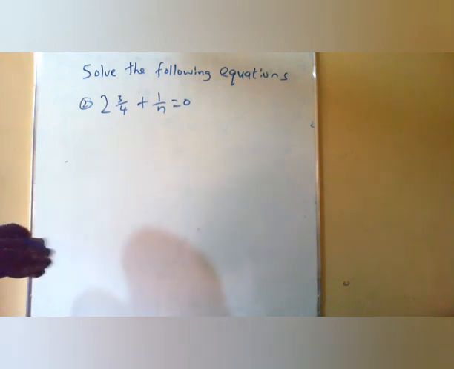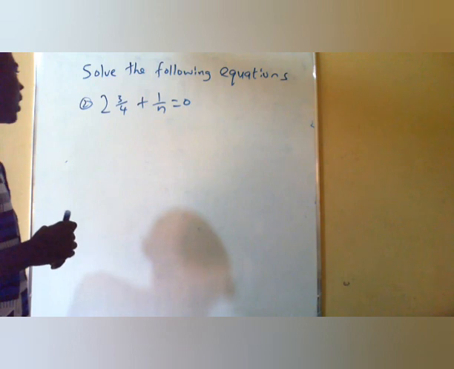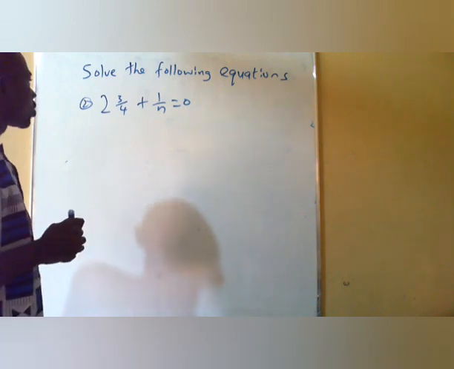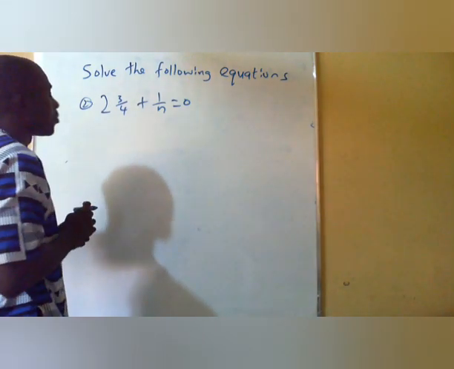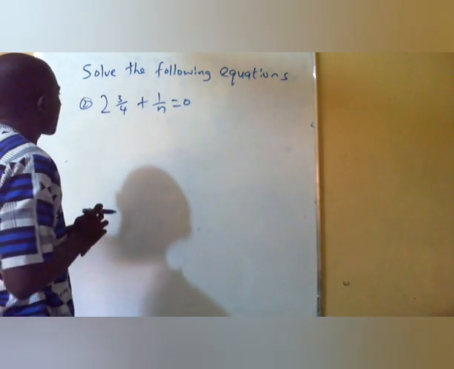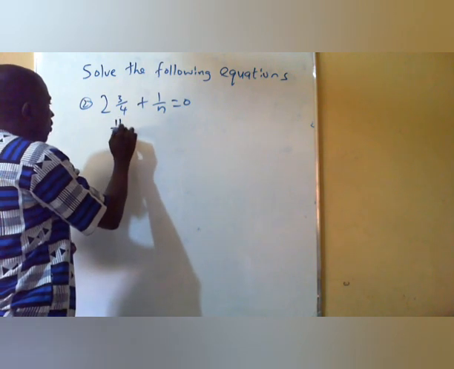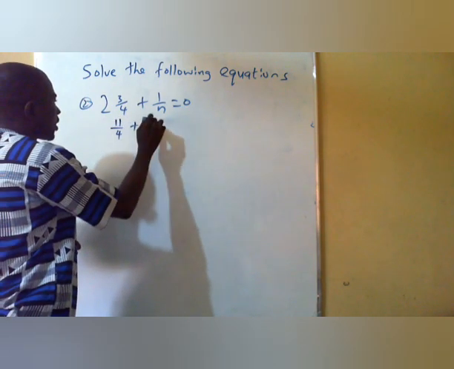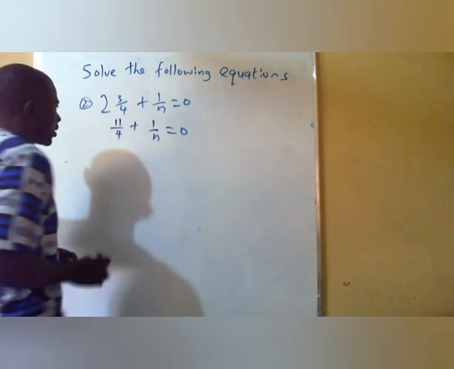Now we are in question number 2, which is 2 whole number 3 over 4 plus 1 over n is equal to 0. So let's change this from a mixed fraction to an improper fraction. 4 times 2 is what? 8 plus 3 is 11. So it's 11 over 4 plus 1 over n is equal to 0.